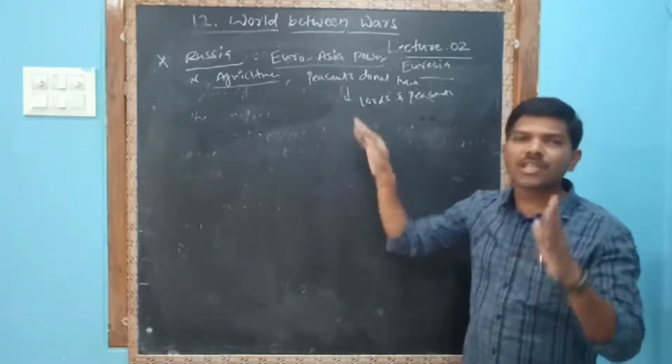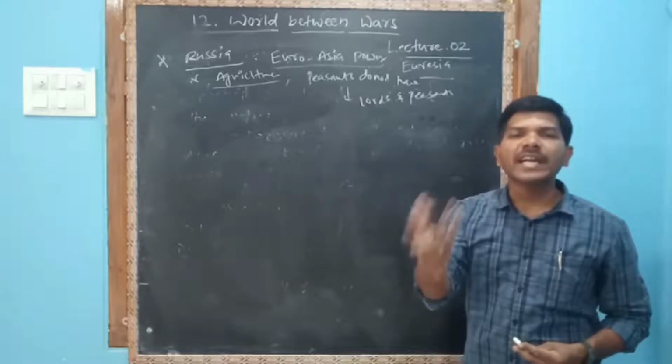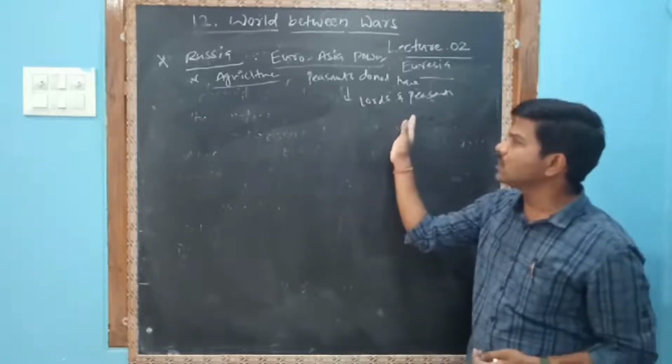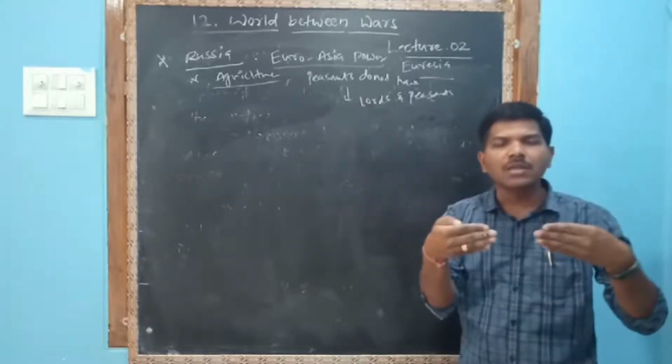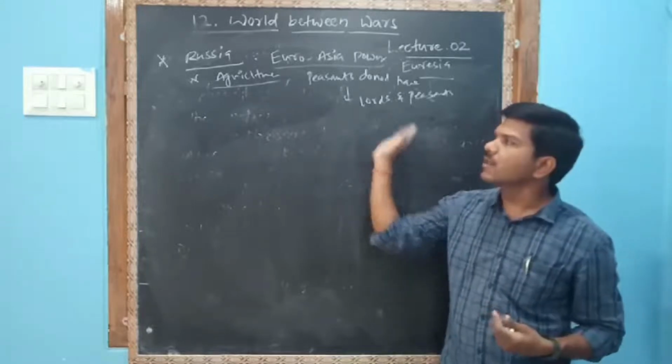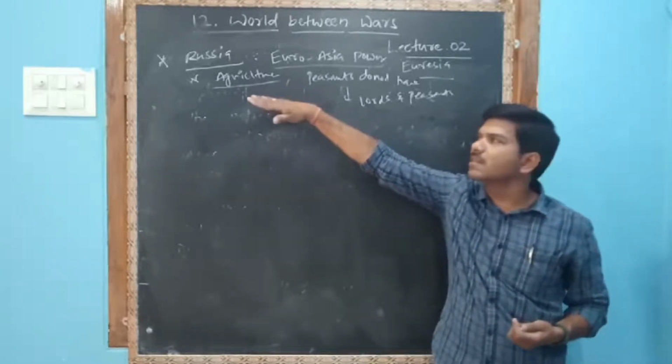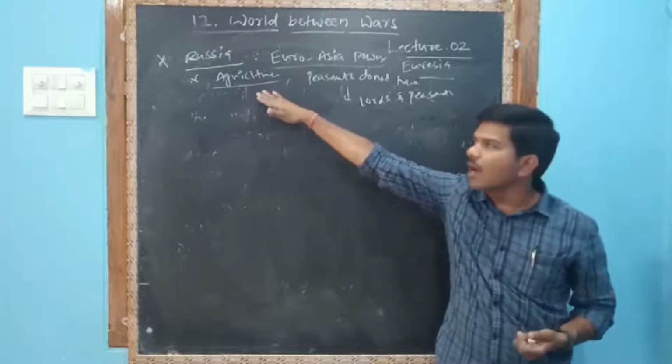Peasants did not have any land. They paid rent to the landlords, and there was a struggle between the landlords and the peasants. 85% of the Russians depended upon agriculture.